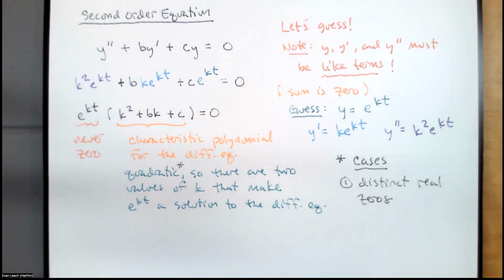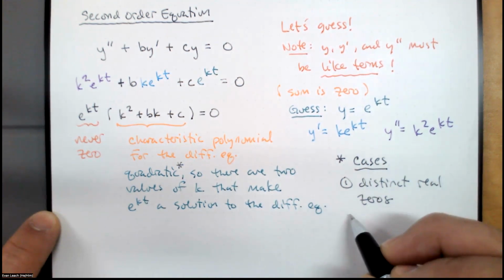There could be distinct real zeros, given by plus or minus the square root of b squared minus 4ac over 2a. It could be that we get a repeated real zero, where the b squared minus 4ac part is 0. So we get a repeated real zero.